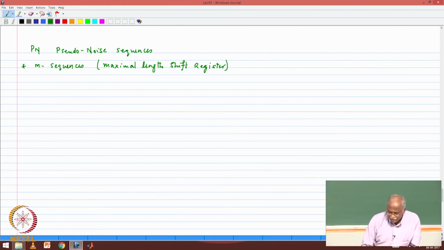They are also referred to as linear shift register sequences. The name becomes very clear when we look at the properties. So what you do is you look for primitive polynomials in GF2.